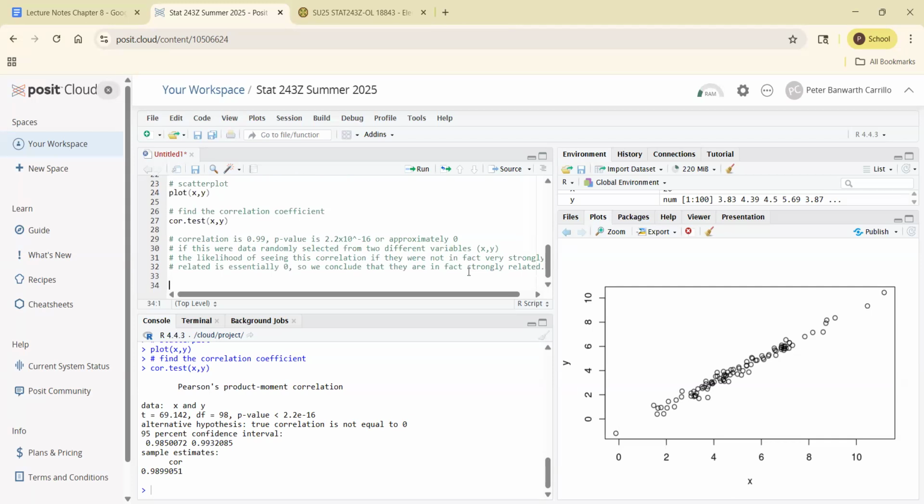All right, let's do another one. We'll keep the same X, but now Y is going to be different. Let's see. I'm going to do a little bit of work here, and that shouldn't be too hard to come up with something.